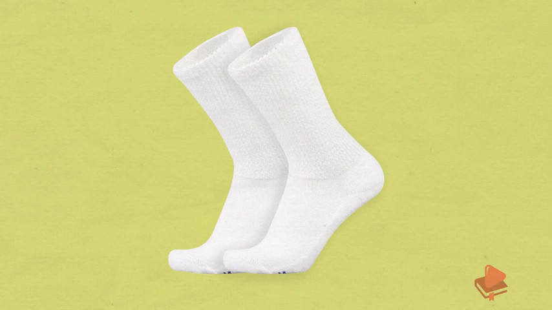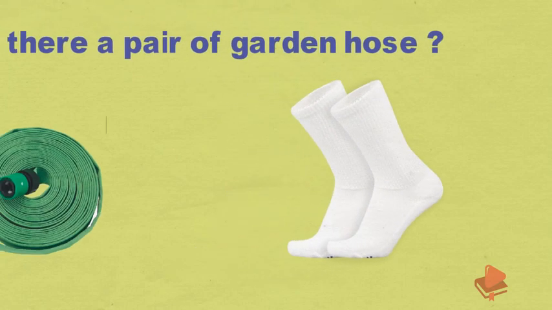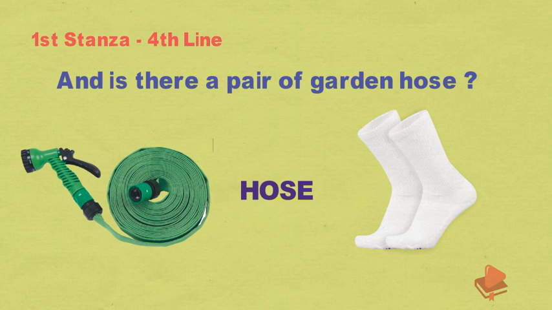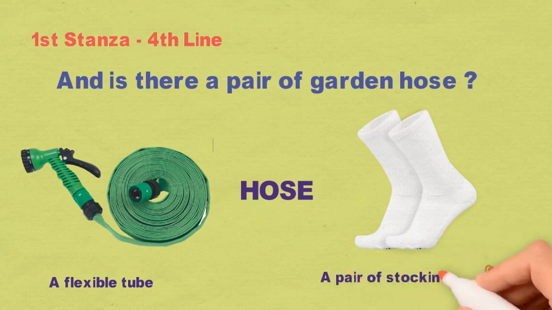So this also means a hose. So that is correct. On one side a hose is a flexible tube, wherein the other side it's a pair of stockings or tights. So in this line hose is a homograph.